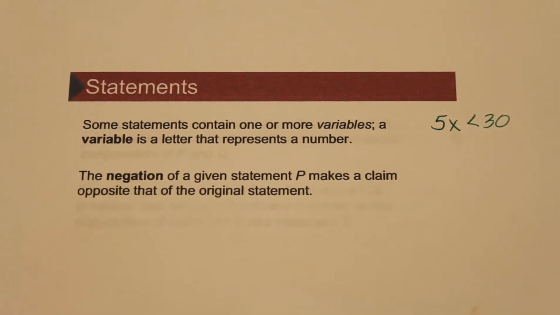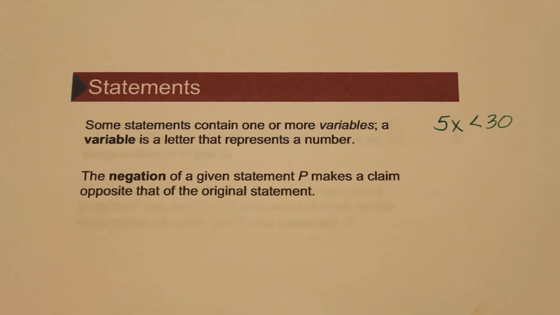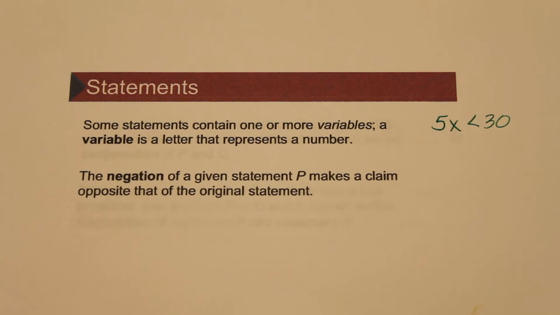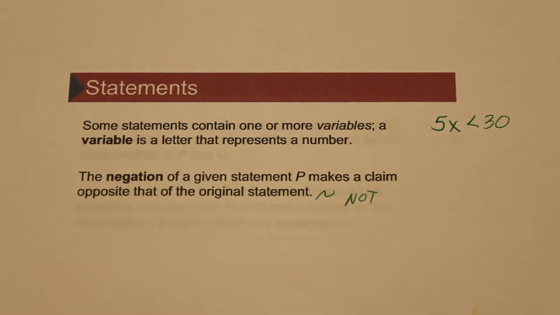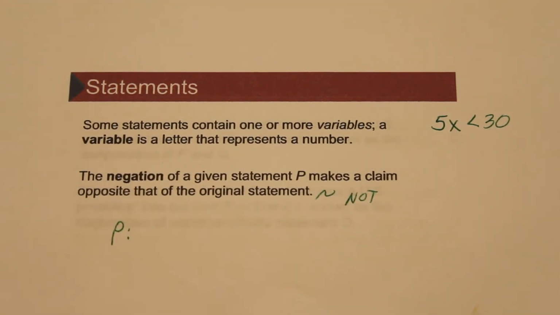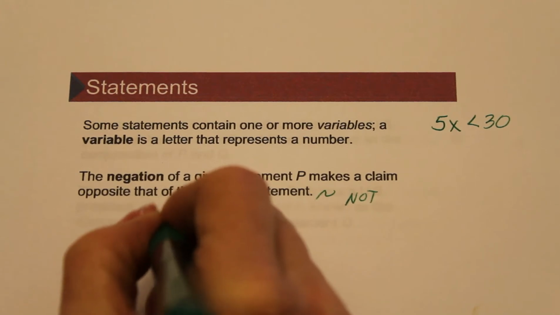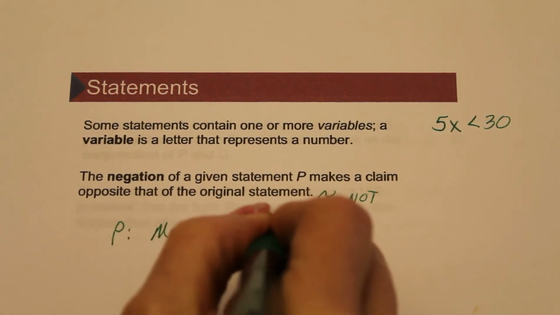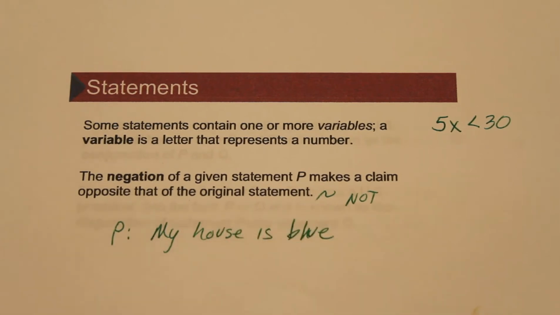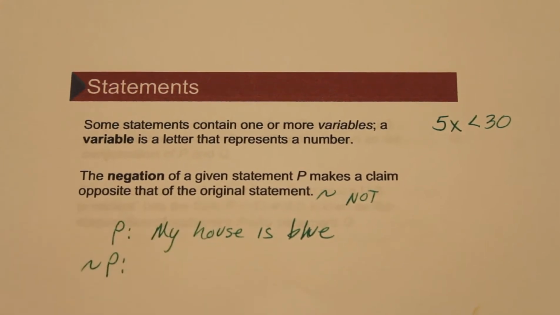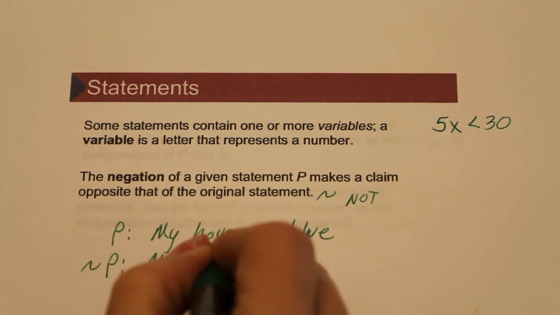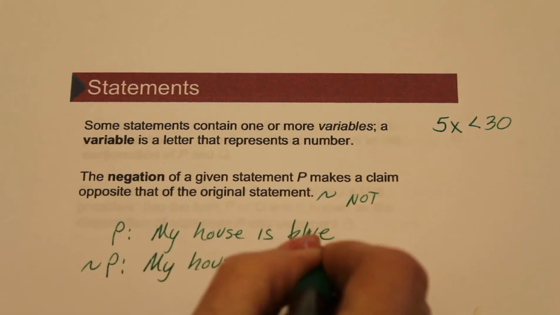And the negation of a statement makes the opposite assertion. So if the original statement was true, then the negation is false. If the original statement was false, the negation is true. And this symbol is the not symbol. So if I had a statement, we'll give it the name P, that says, my house is blue, not P, the negative of P, is my house is not blue.